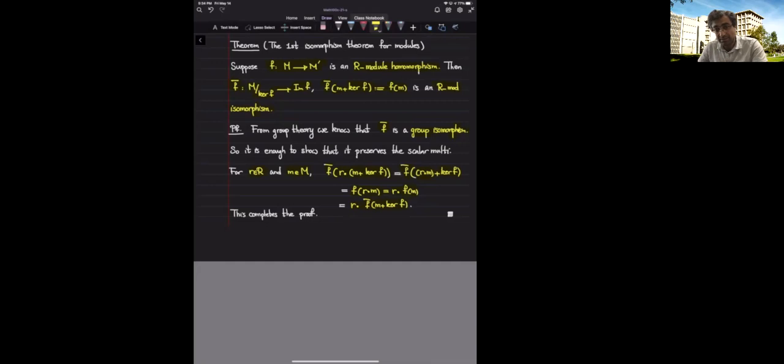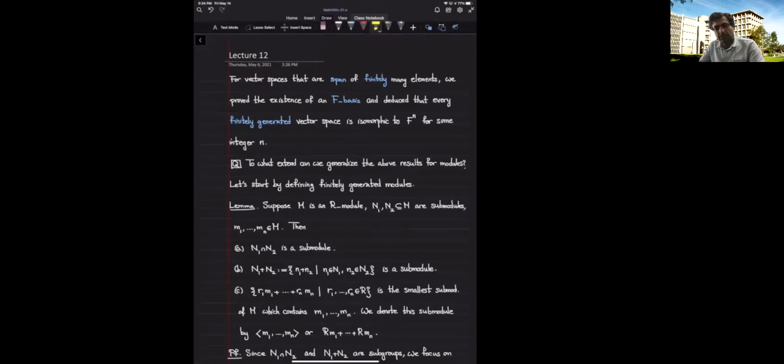It's already proved to be a bijection, and it's proved to be a group homomorphism. So altogether, we get that it is an R module isomorphism. So the first isomorphism theorem gives us a concrete isomorphism between the quotient of M by the kernel of f and image of f.